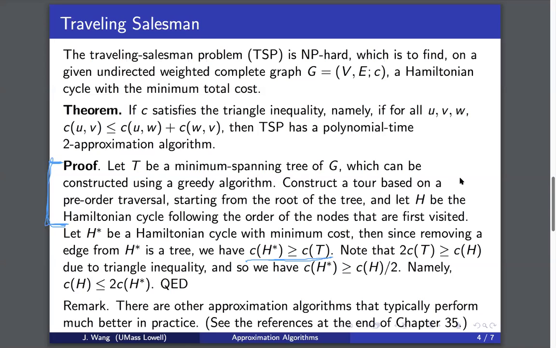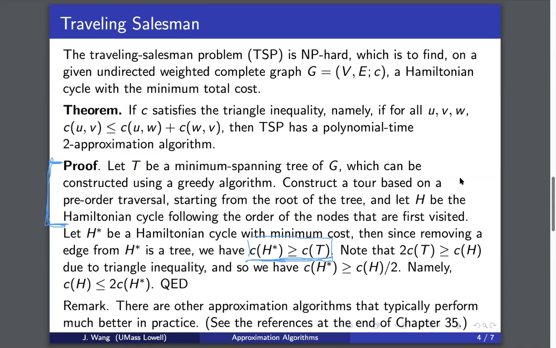So that means it is at least greater than or equal to this. So this is the first observation to make a connection of H star with the tour we constructed, because we started from a minimum spanning tree.